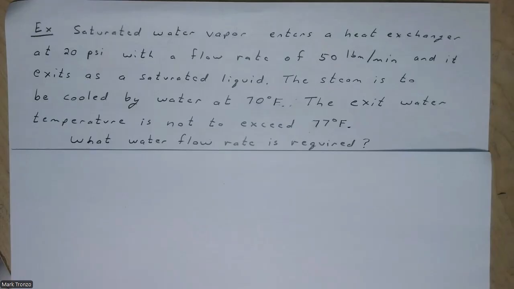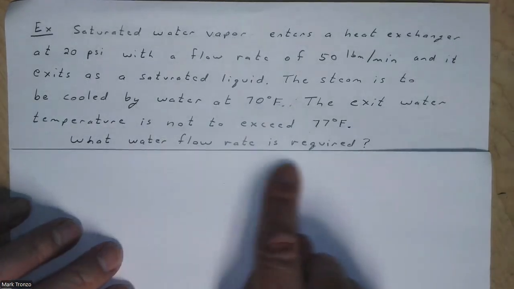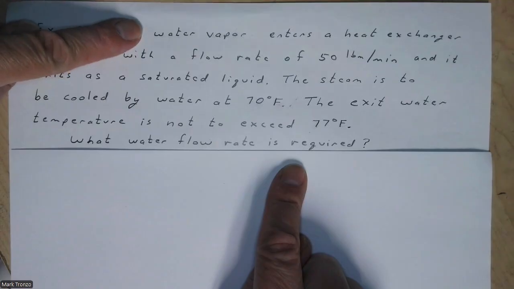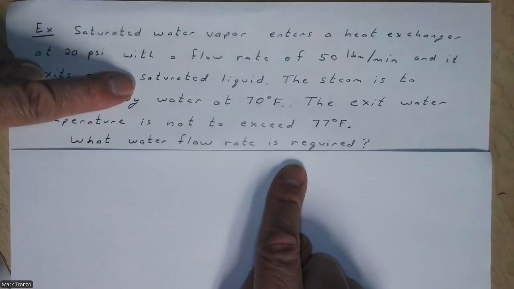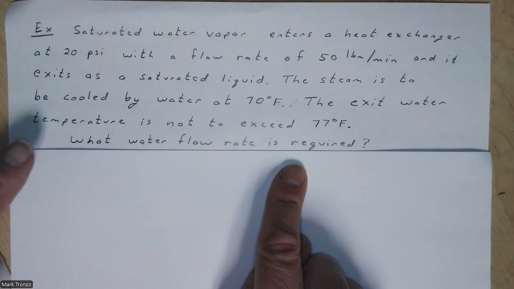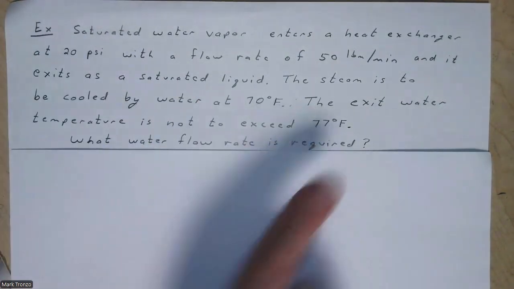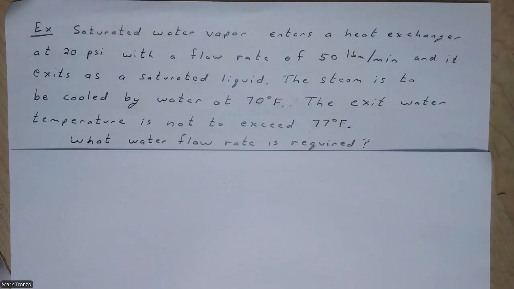What water flow rate is required? Again, it's really asking what water flow rate is required to turn the saturated vapor to saturated liquid without the temperature of the water rising more than 7 degrees Fahrenheit. So let's take a look at that.